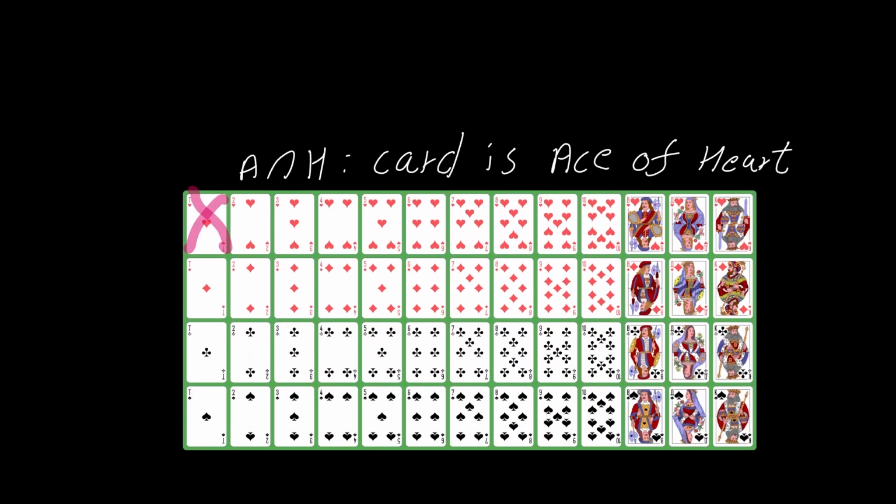Now let's perform some set operations on these events to create more events. A intersect H: the event that the card is the ace of hearts. When we intersect the ace subset with the heart subset, we are only left with the ace of hearts.